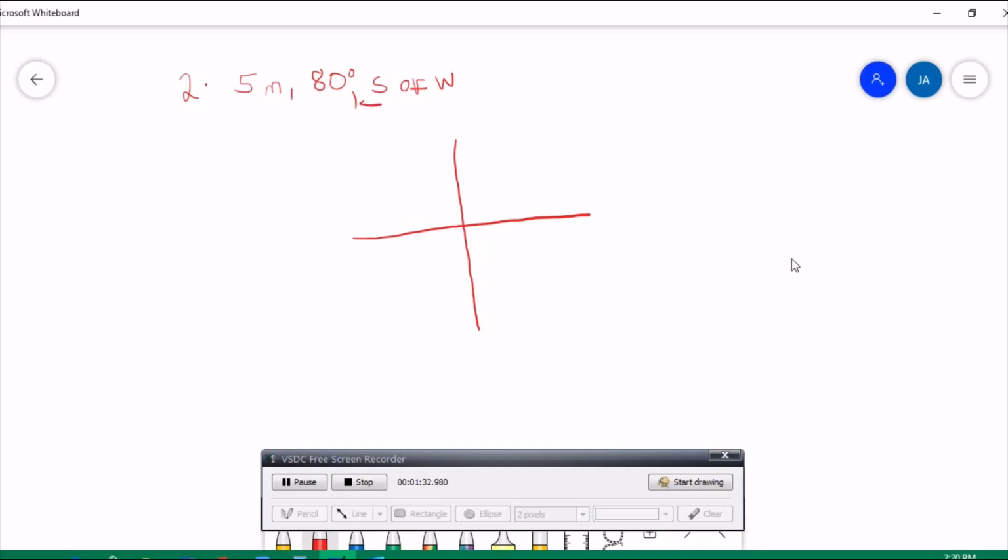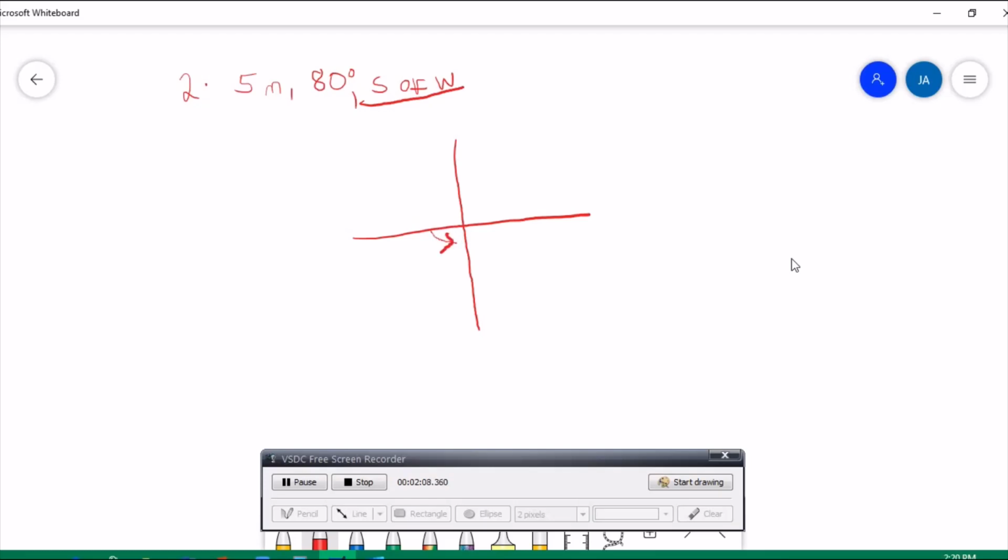Okay, so south of west, it's basically on quadrant 3. Okay, so the south of west is from west going to the south. So from here going to the south. So this is the direction of your quantity, from west going to the south.